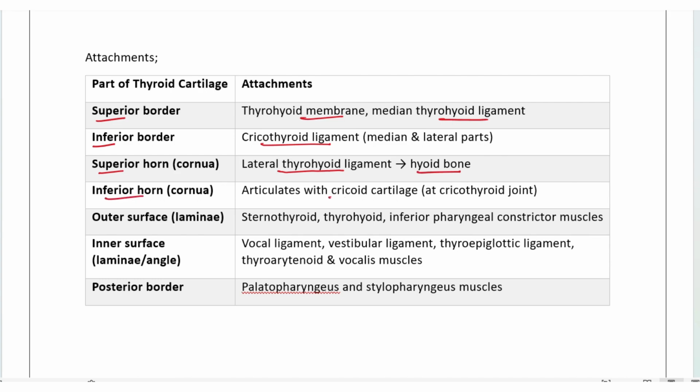Inferior horn articulates with the cricoid cartilage. Outer surface attaches to all the muscles: sternohyoid, thyrohyoid, inferior pharyngeal constrictor. Inner surface attaches to the ligaments. The posterior border attaches to the palatopharyngeus and stylopharyngeus muscle.